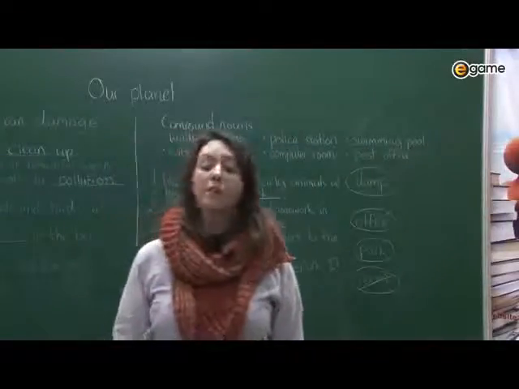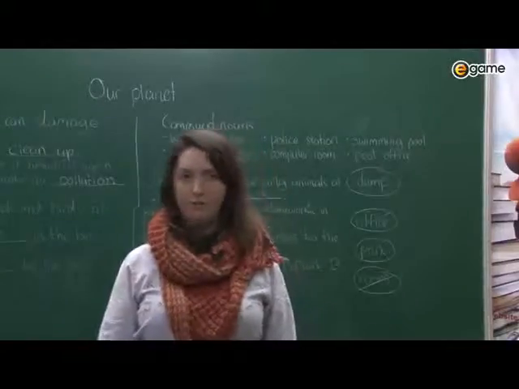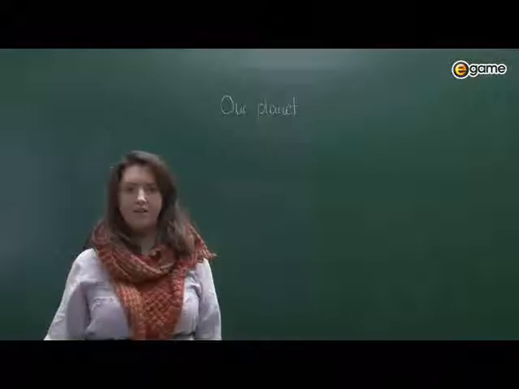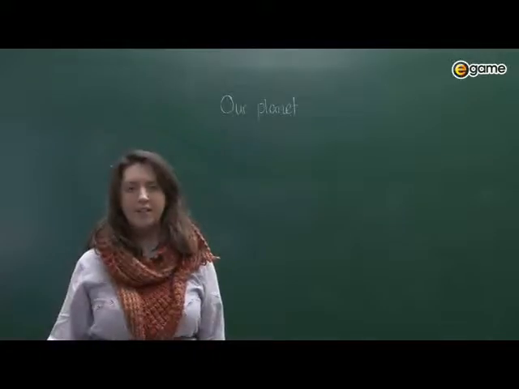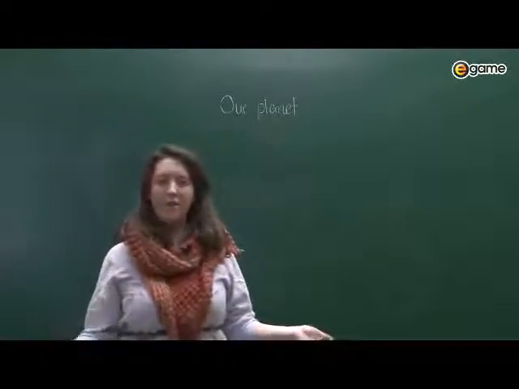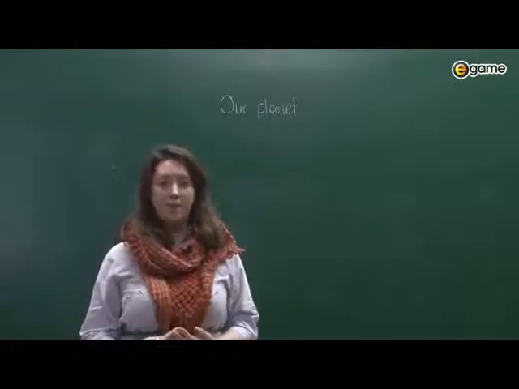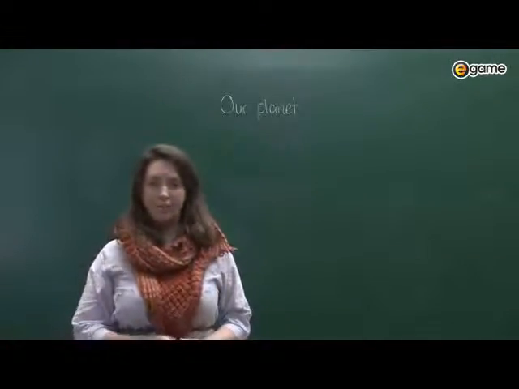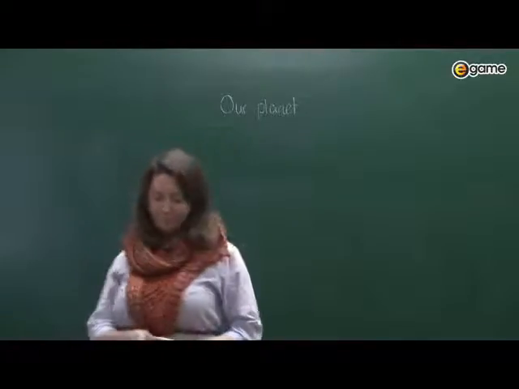Okay? Now let's move on to some grammar. So now let's have a look at using past simple together with past continuous to talk about interrupted actions. So let's start with the past simple.